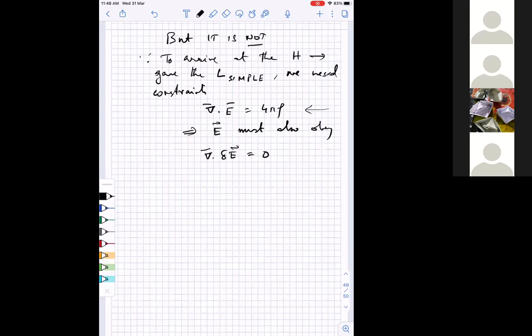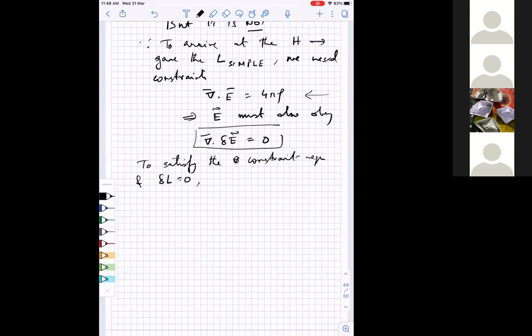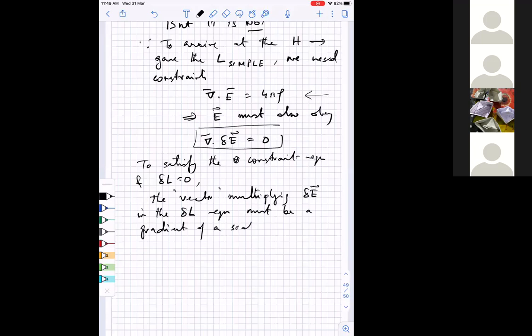So to satisfy the constraint equation and this delta L equation, delta L equal to 0, the vector multiplying delta E in the delta L equation must be a gradient of a scalar.